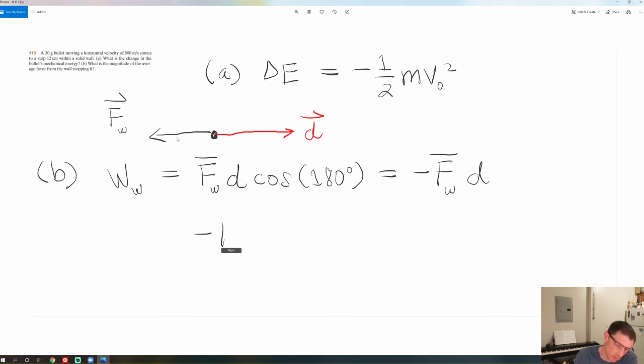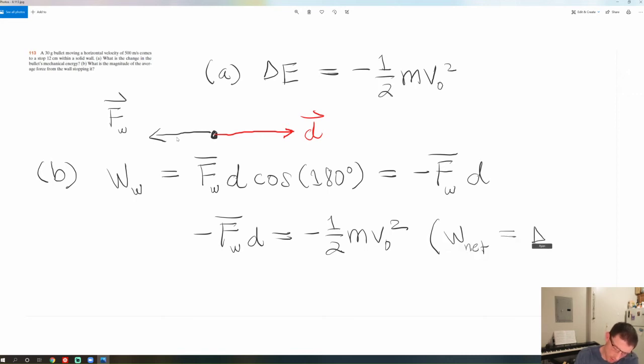And we find when we do that, that we wind up with something like this. And this really is just the work energy theorem, right? This is just saying the net work done on the object is equal to its change in kinetic energy.